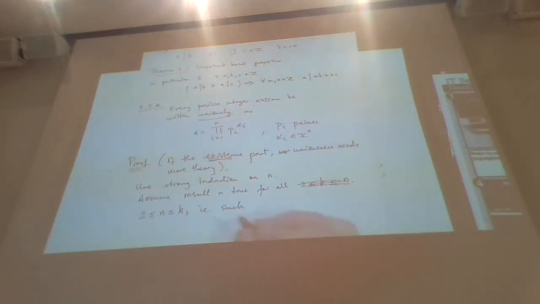Now we'll prove it for k plus 1. So having made the induction assumption, you then want to prove it for the next case, k plus 1. So we consider k plus 1.